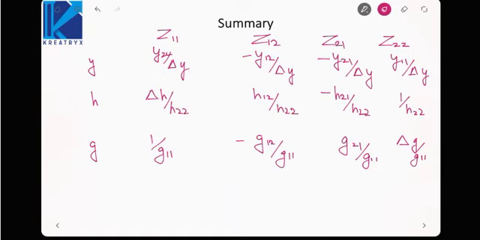Okay. In terms of transmission parameters, that is ABCD parameter, it is A by C, then delta T upon C. Delta T is AD minus BC, that is determinant of ABCD matrix. 1 by C, D by C. That is how you can determine Z parameters in terms of all other parameters.